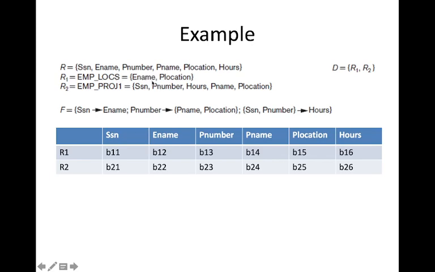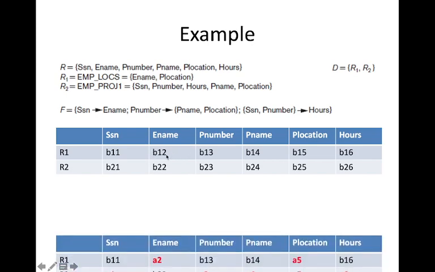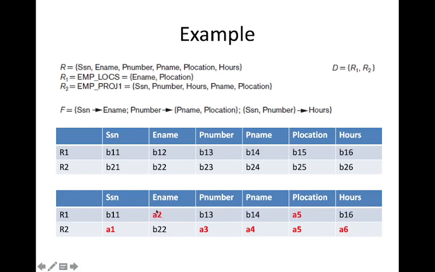Under E name, we have to change this B12 to the Aj value, that is A2. Then P location is present in R1. In R1, P location is B15, so we have to make it A5. That is what we have done here.